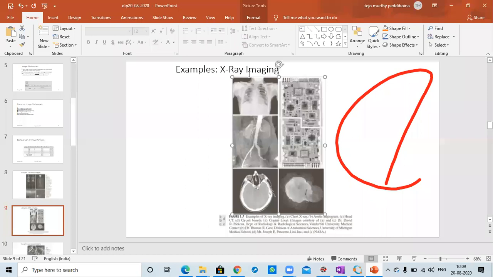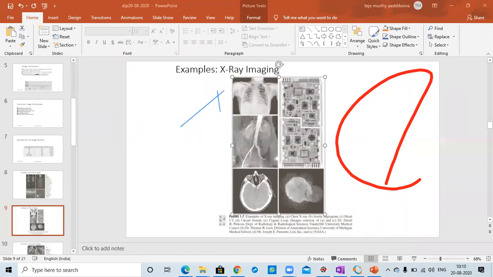Right, so let me open the chest scan here. This is the chest scan.